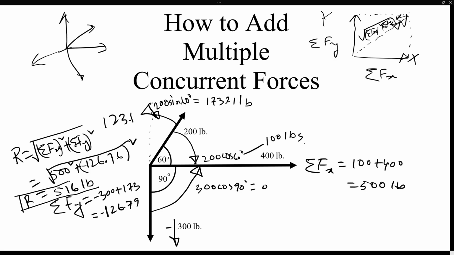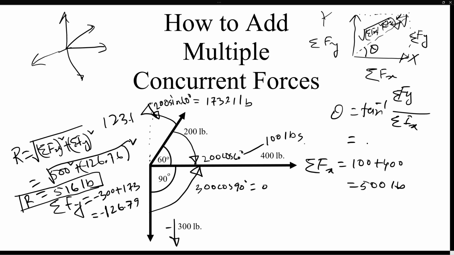Now force is not just the magnitude, it's a vector quantity, so you have to find the theta as well. So this theta, you can simply do tan inverse of summation of Fy divided by summation of Fx. If you do the calculation correctly, that's going to be minus 126.79, the y component, over 500, the x component.